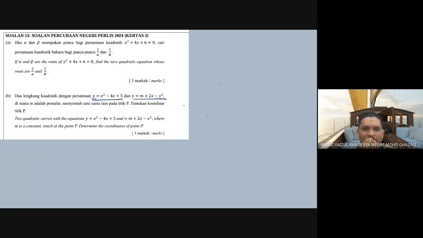So two quadratics, y1 equal to x squared minus 4x plus 5 and y2 equal to m plus 2x minus x squared, touch each other at the point P. Which means that, let's say this is the curve and this is another curve, they touch at the point P. So any idea?